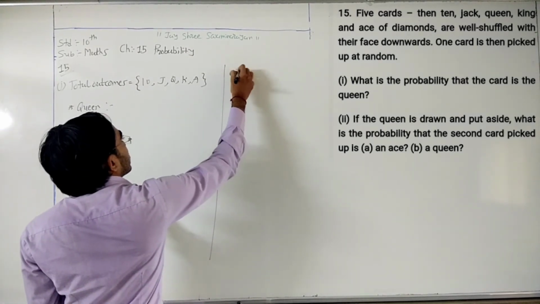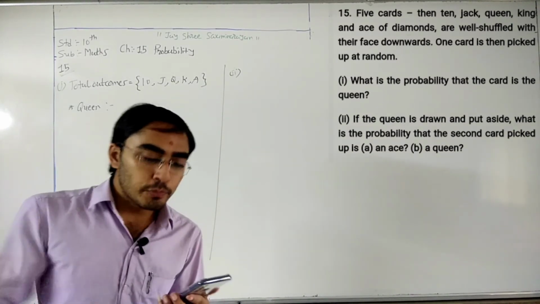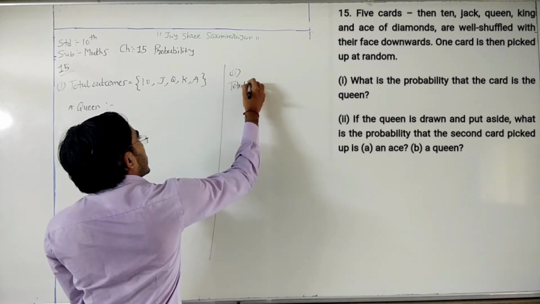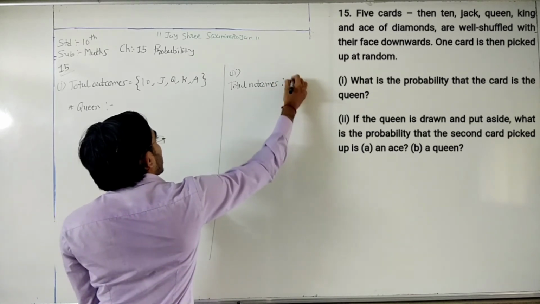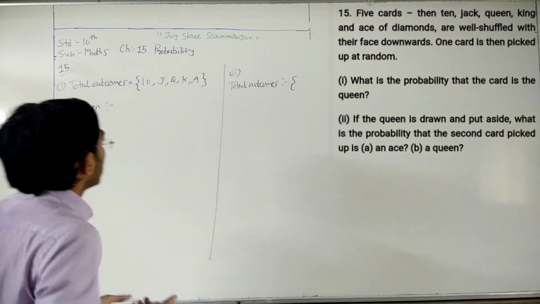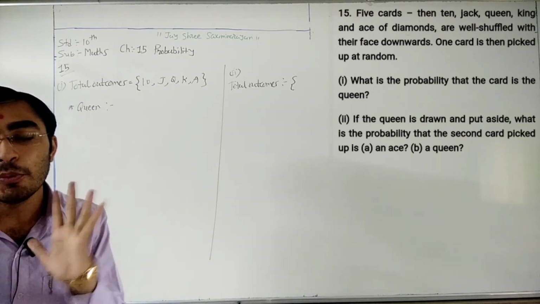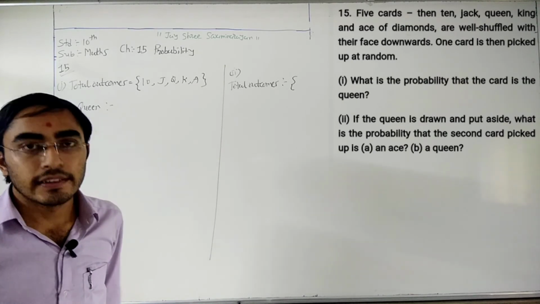Then second question. Here, if the queen is drawn and put aside, so here, if queen is drawn, that means queen is taken from these 5 cards. So now total how many cards are there? Only 4, because queen is already taken, right?